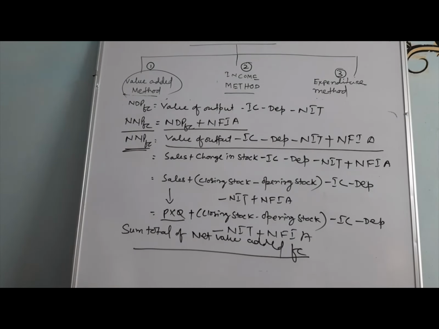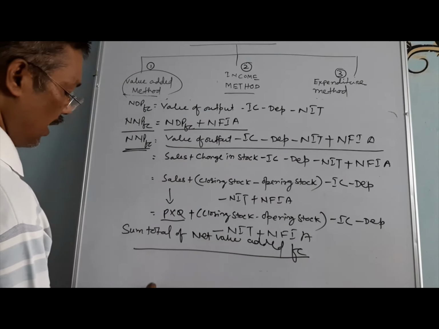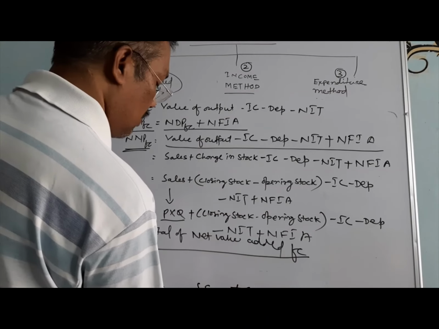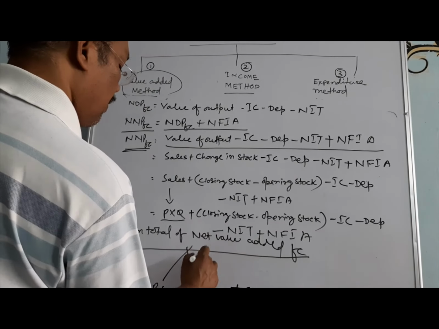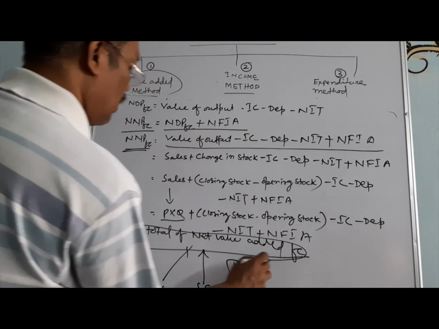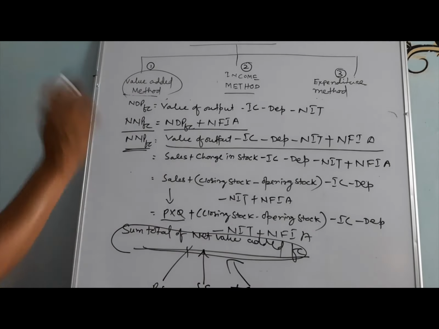All producing units means here the primary sector, secondary sector, and tertiary sector.